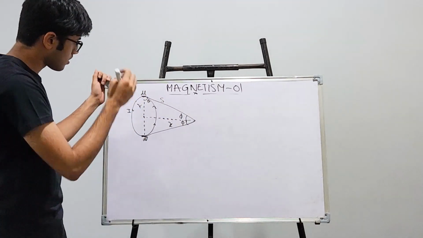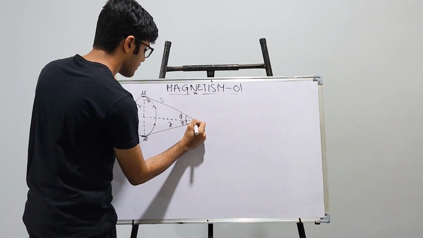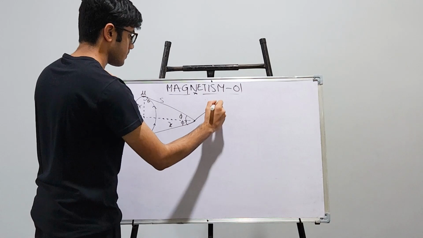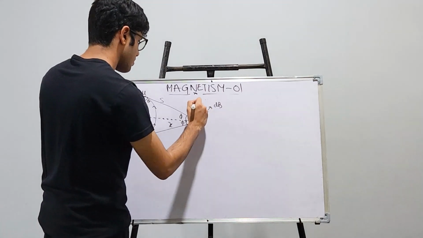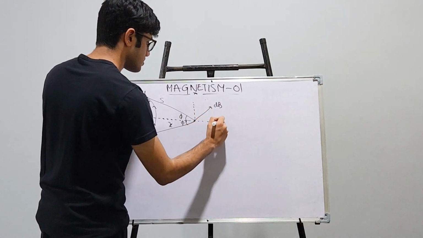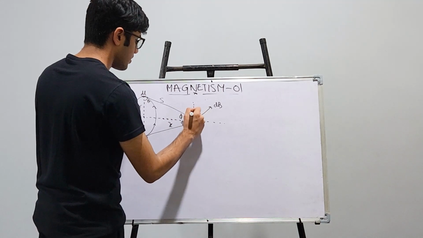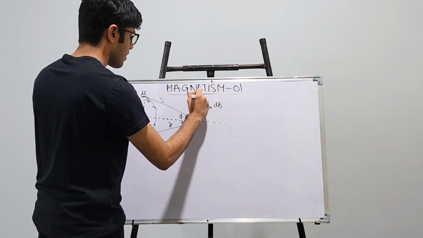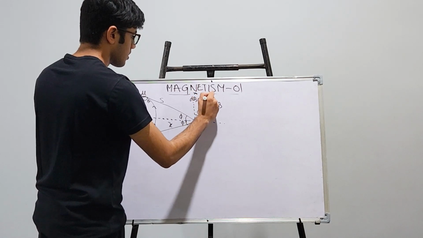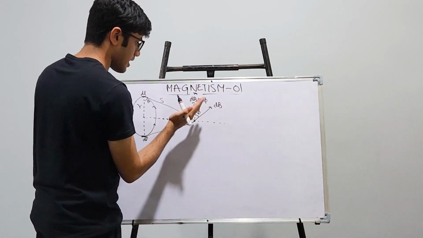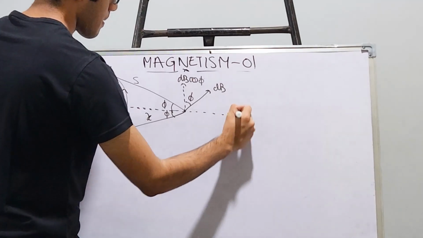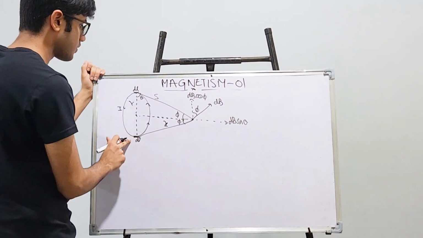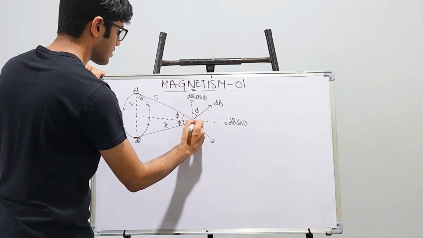So now the direction of the magnetic field due to this dl element would be in this direction. If we were to draw its components, if this is phi, this would be 90 minus phi, this would also be phi, this would be dB cos phi, and this would be dB sin phi. For this, the magnetic field would be in this direction.